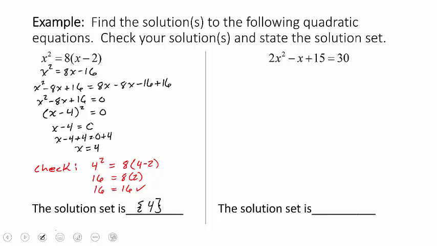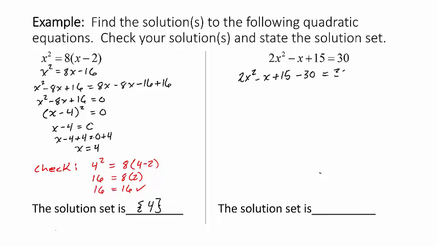I set it equal to 0, and then I started factoring. It's the fact that it's set equal to 0 that makes the whole zero product principle work, right? If you've got a product that's equal to 0, one of the two of them has to be 0.